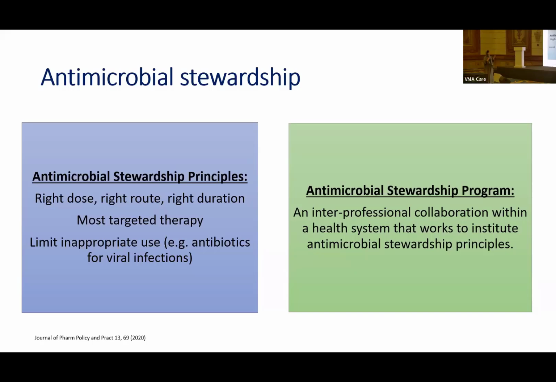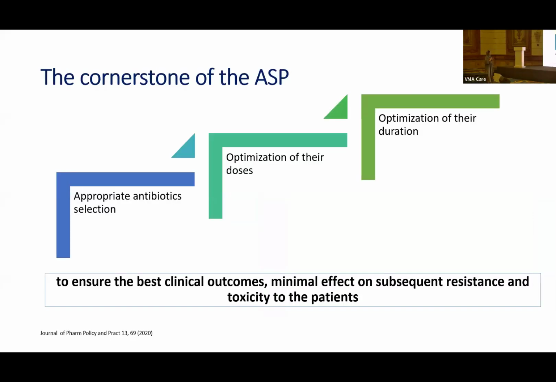As a result of these principles, we need to create a team that can work collaboratively within the healthcare system to ensure that these principles are being followed in every step, so we can select appropriately. However, if we are dosing inappropriately, this will lead to resistance.